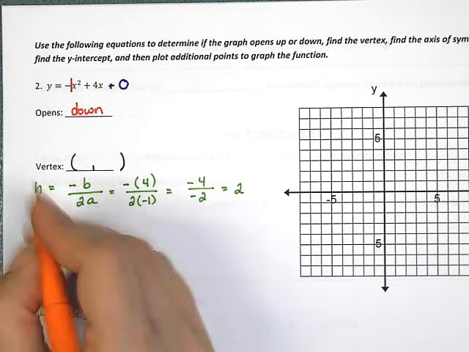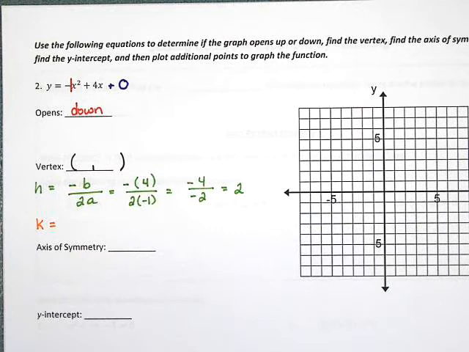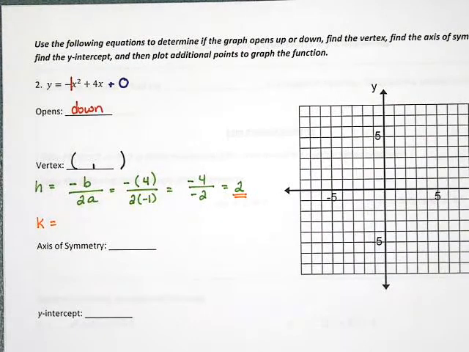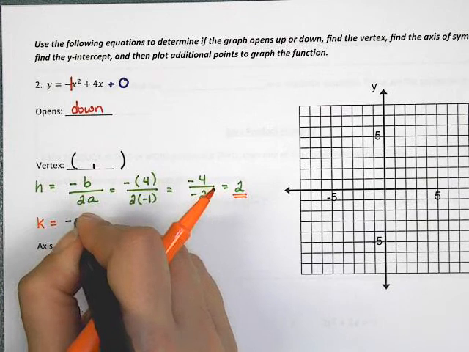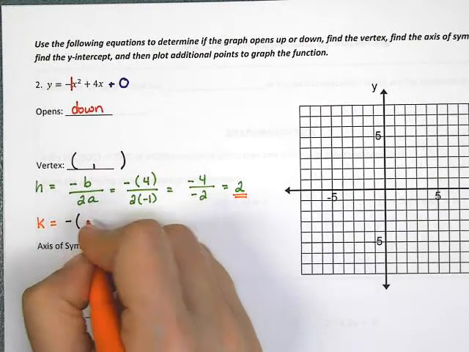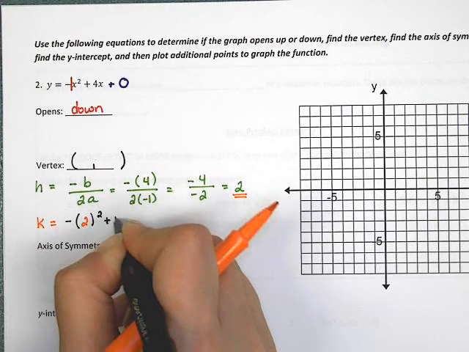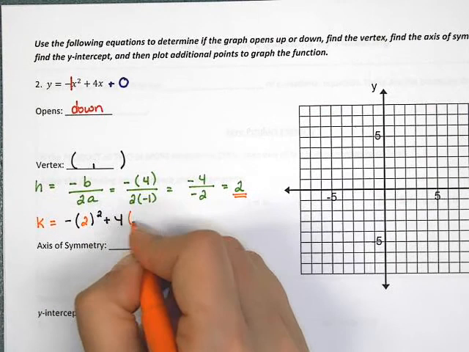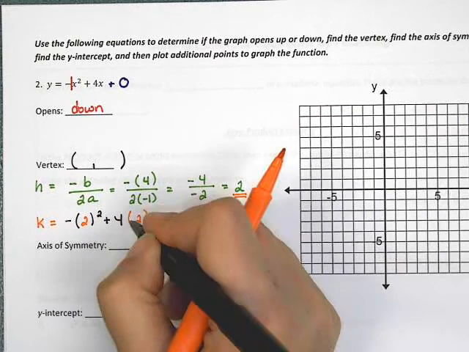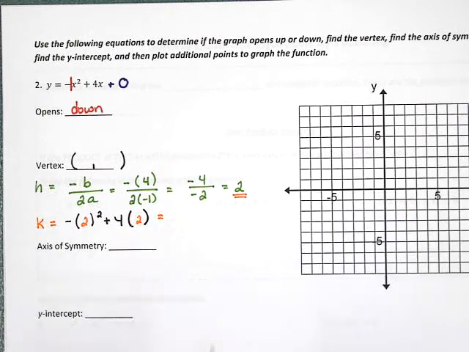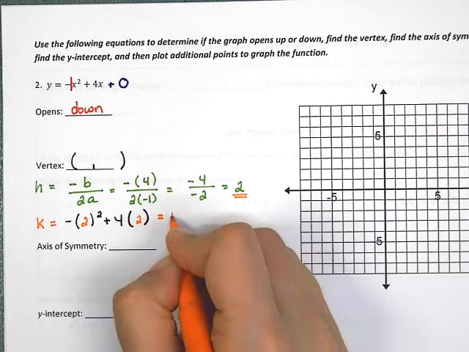Now to calculate my y-coordinate, my k, I'm going to take this 2 and plug it into the original equation. So I'm going to have negative (2 squared) plus 4(2). So my final answer would be 4.